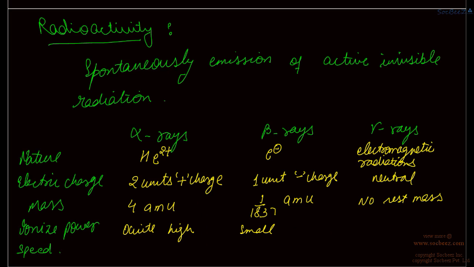Gamma rays cause ionization but in an indirect manner, through secondary effects. We are not going to study that, but just know that they cause ionization indirectly.